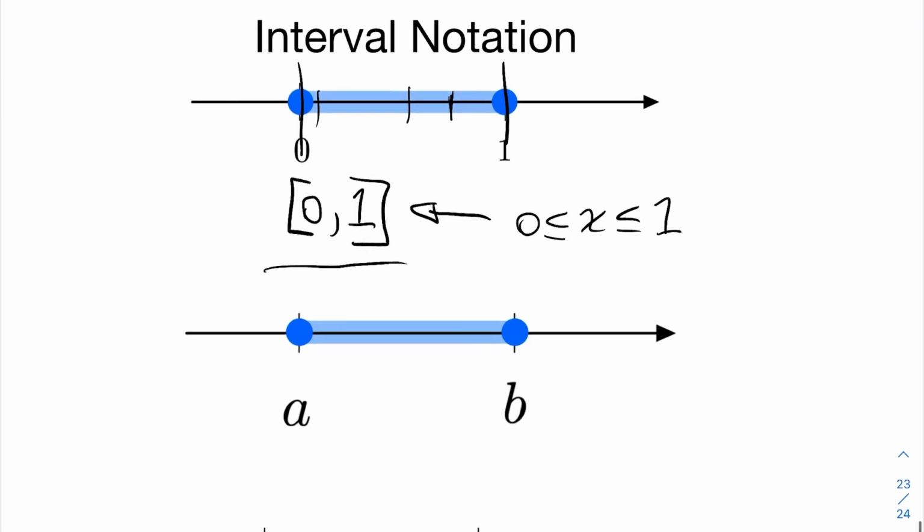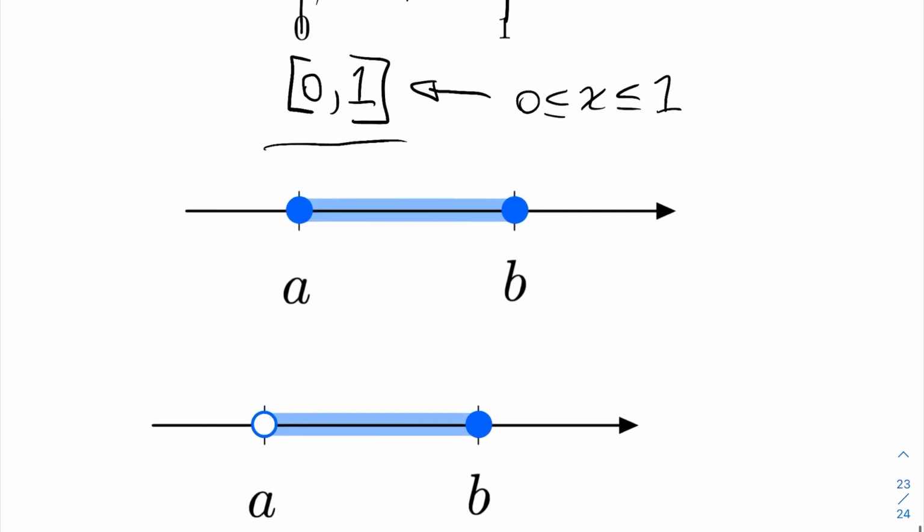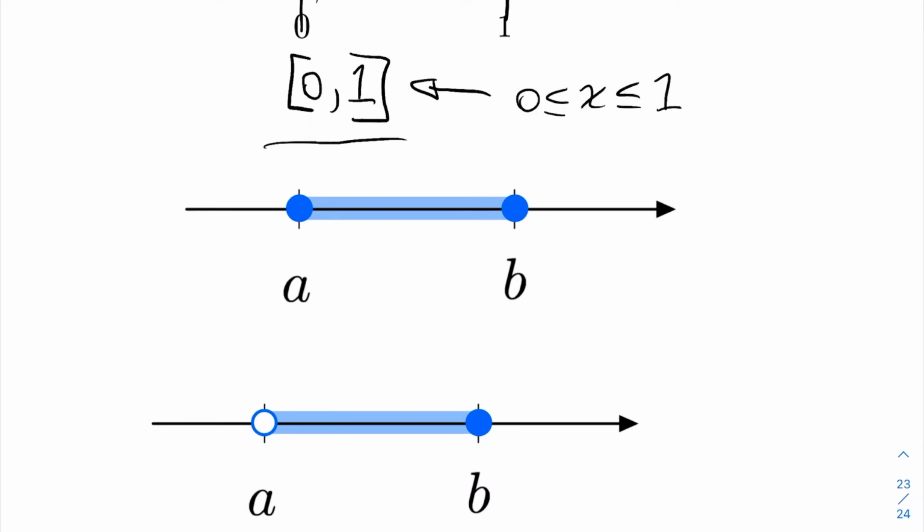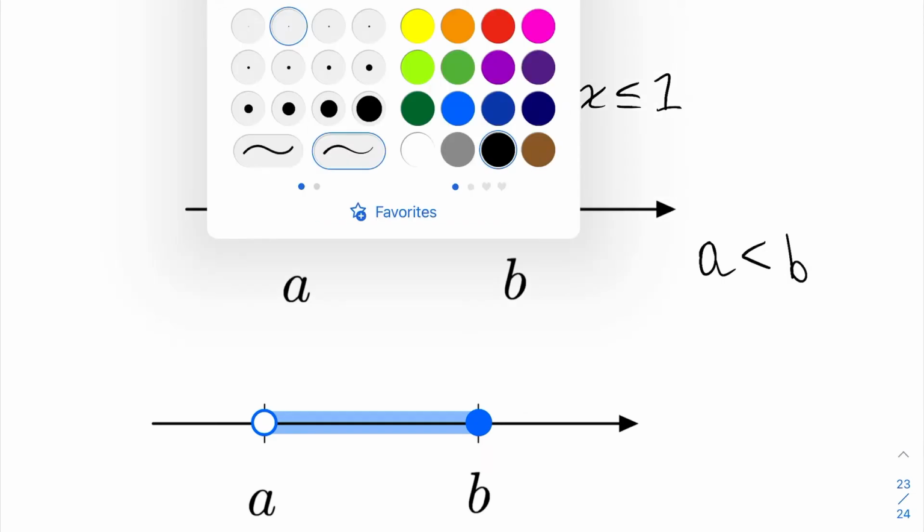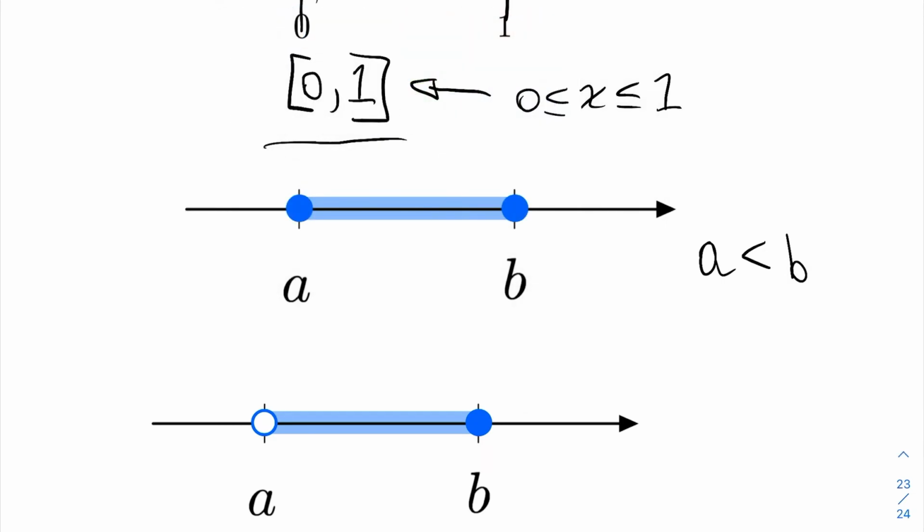Now, let's make that more general. If you have two numbers on a number line, A and B, and A is smaller than B. A is the minimum, it's the smallest number on the interval. B is the maximum, it's the largest number on the interval. Then the closed interval, you use a bracket to show that A is included because you notice there's a filled in circle here.